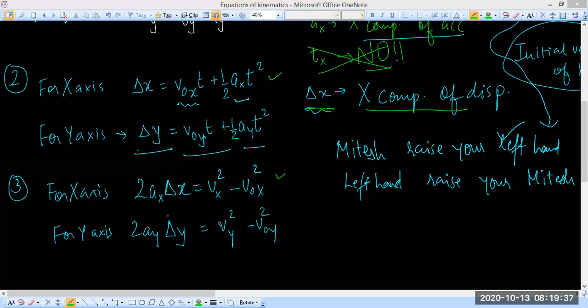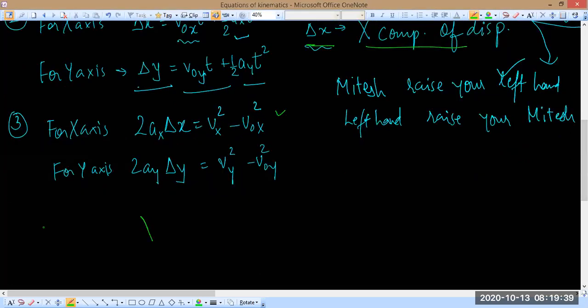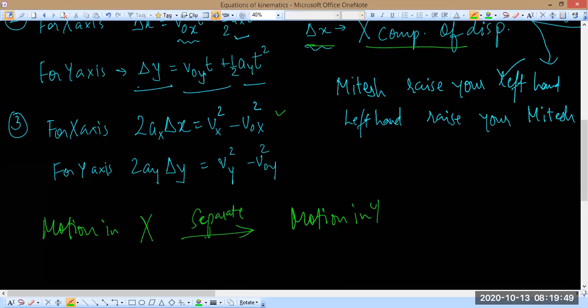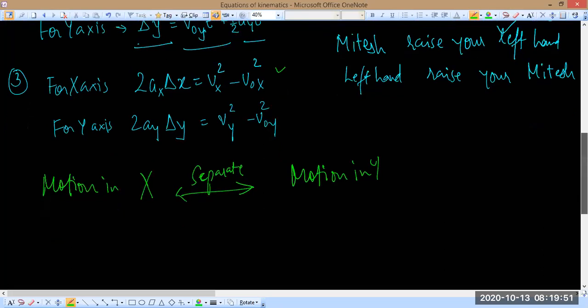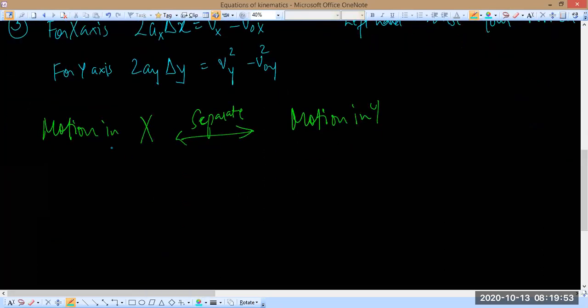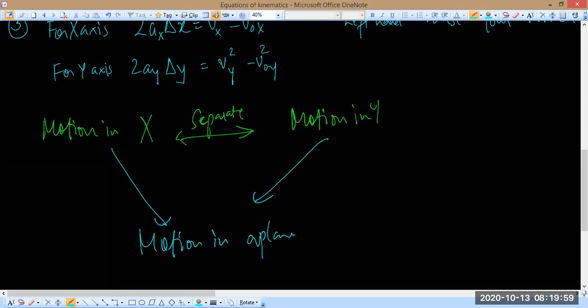So this is what I'm saying, that motion in x and motion in y are two separate or independent motions, right? When both of these motions combine, we get motion in a plane, right? Motion in a plane, right?